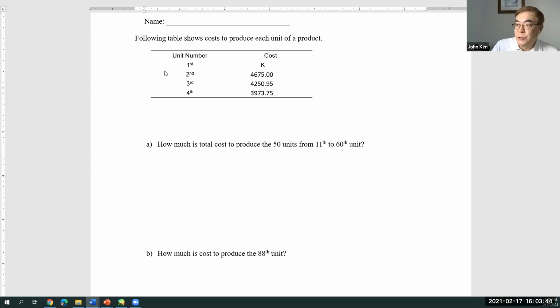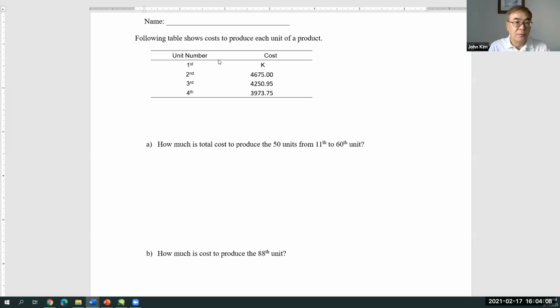The following table shows the cost to produce each unit of a product. This problem doesn't give the initial cost, K, and it also doesn't give us the learning percentage.